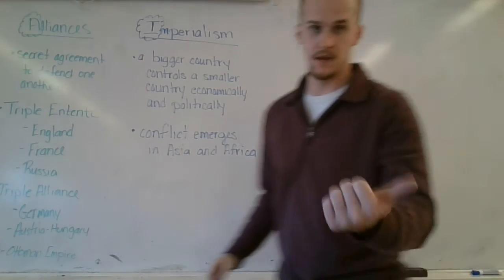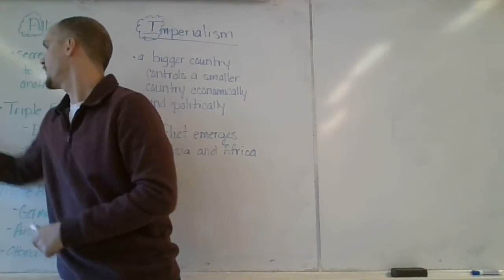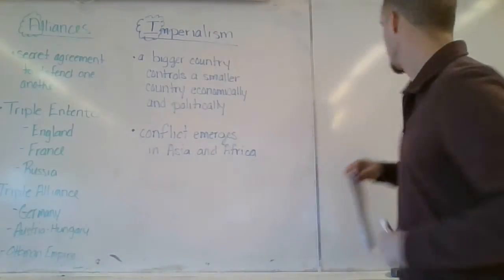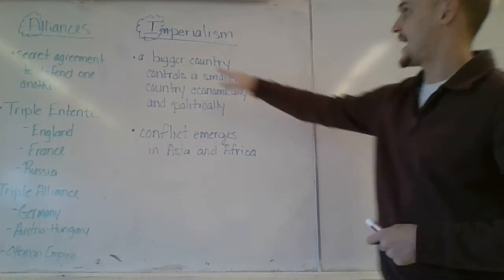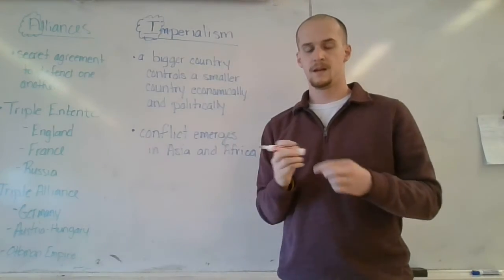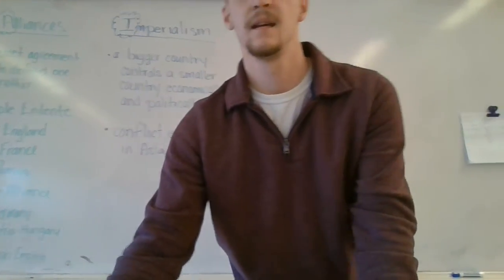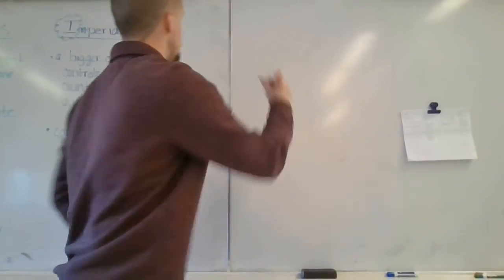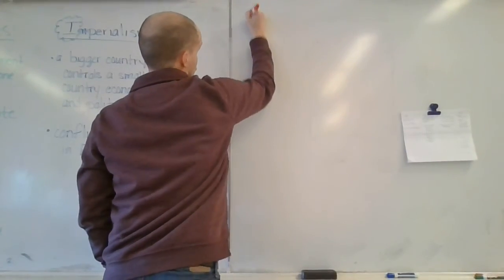So the M is for militarism. The A is for alliances. The I is for imperialism. And now we're going to move to the N. The N is for nationalism.